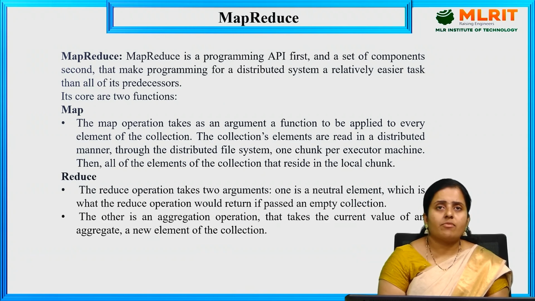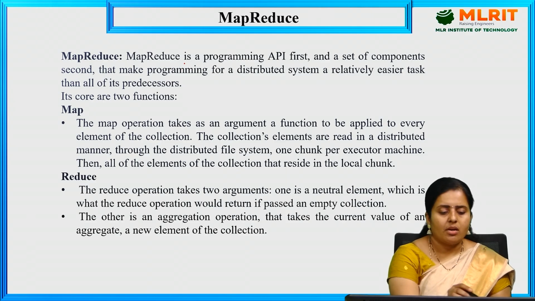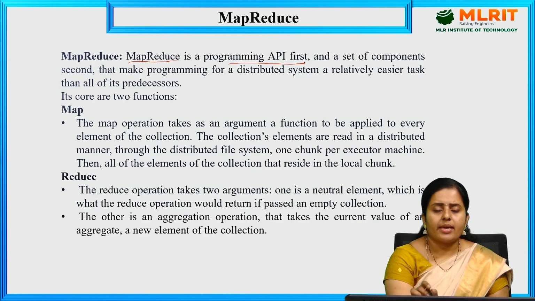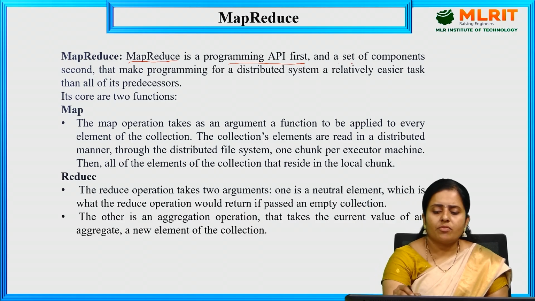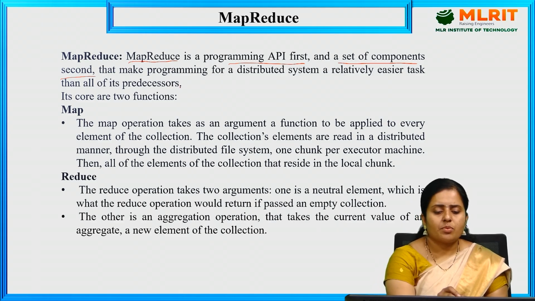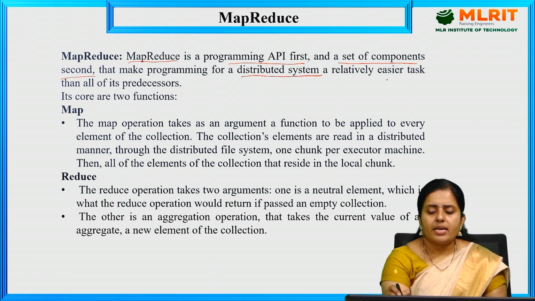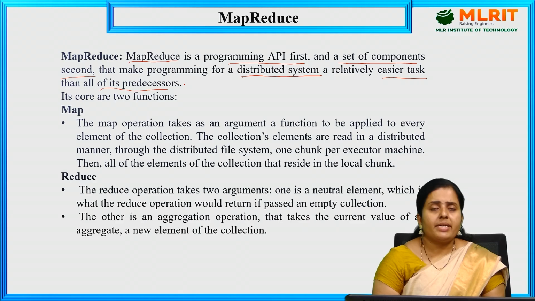As I have told you, MapReduce helps us with data processing of large volumes of data. MapReduce is a programming API, where API is nothing but application programming interface. So we can call it a programming API first, and next a set of components. It also has a set of components that makes programming for a distributed system a relatively easier task than all of its predecessors.